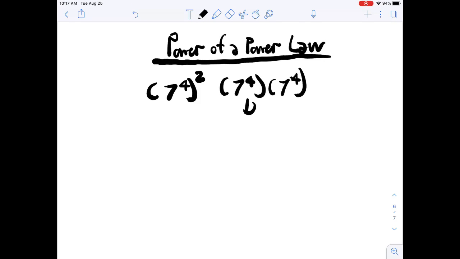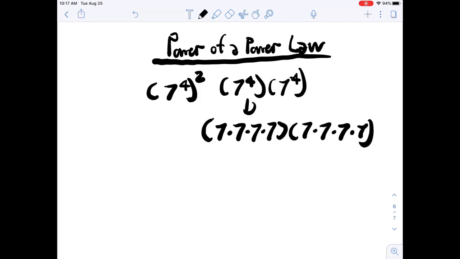And from here, it's being multiplied 8 times, so you get 7 to the power of 8, or 7 to the power of 4 times 2.